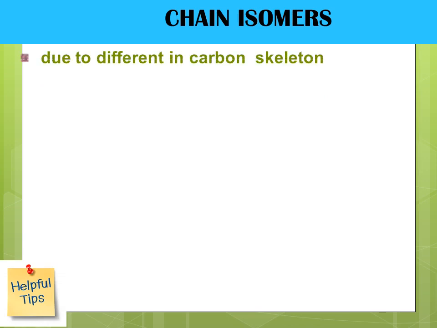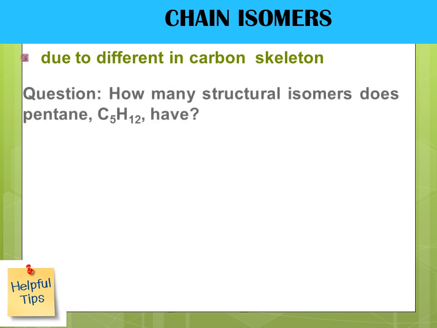Chain isomers are those which differ in the structure of their carbon chain, that is, they differ in the length of their straight chain or branch. Question: how many structural isomers does pentane, C5H12, have? Pentane has three chain isomers.